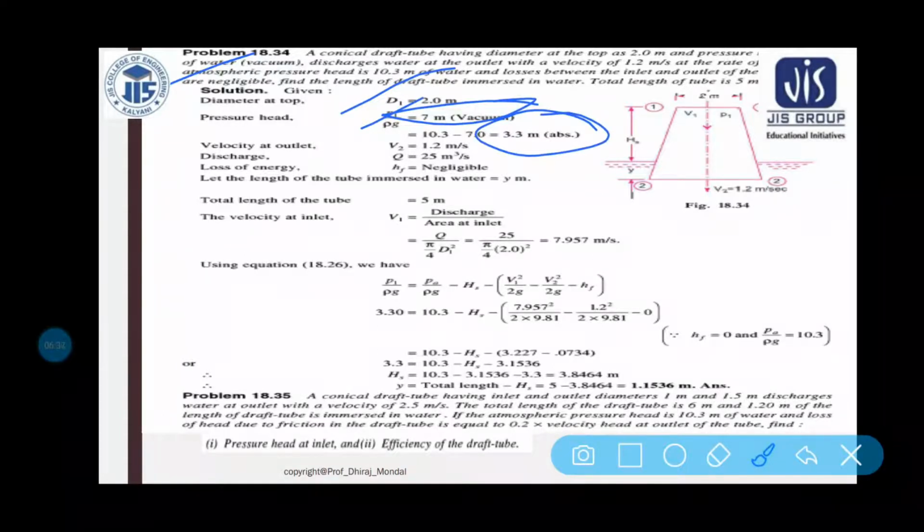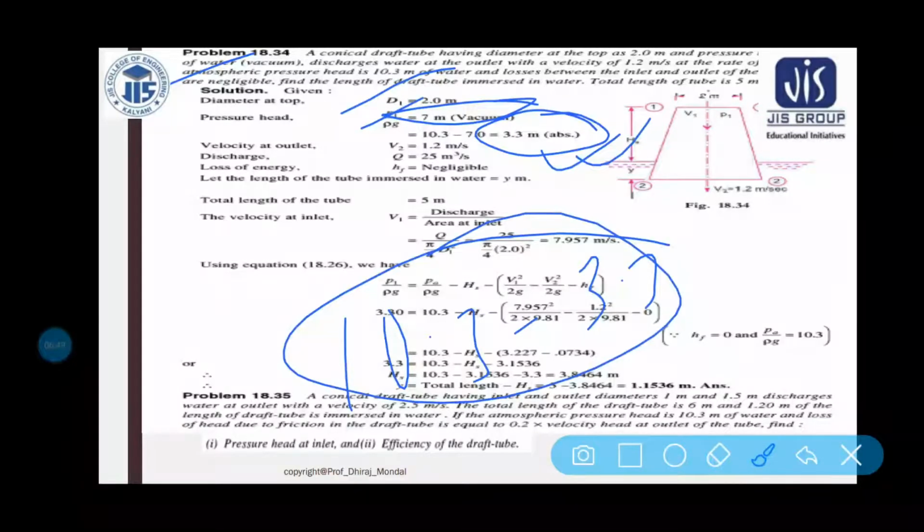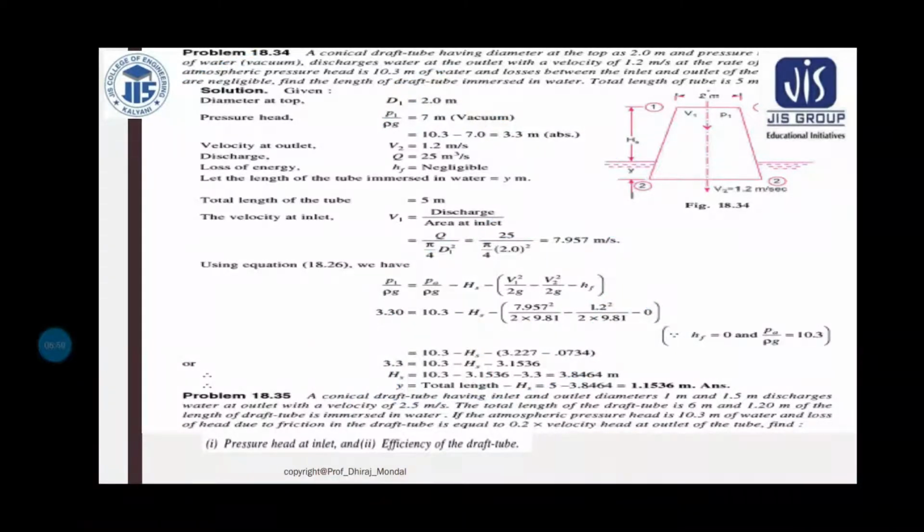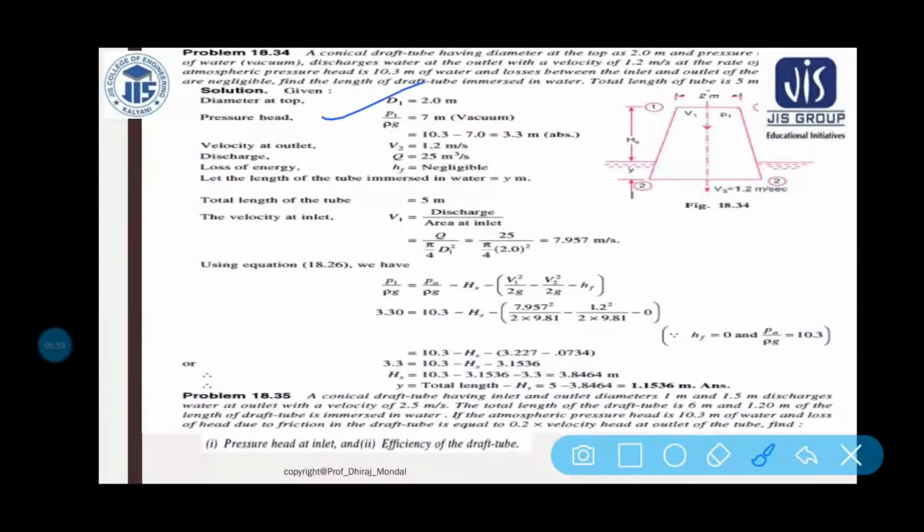So remember, if the vacuum pressure is given, then deduct it from the atmospheric pressure 10.3 and you will be getting the absolute pressure. Based on the given data you need to know what the relation is. If vacuum pressure is given, then to overcome the negative sign, you have to put it in terms of absolute pressure.